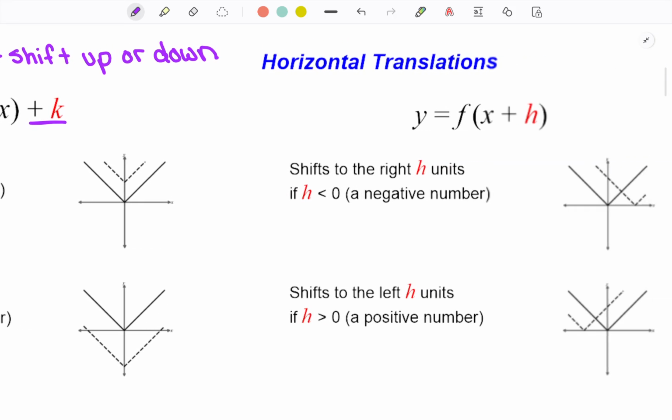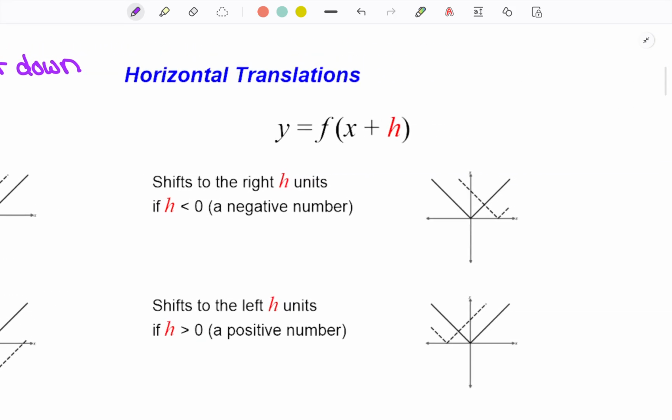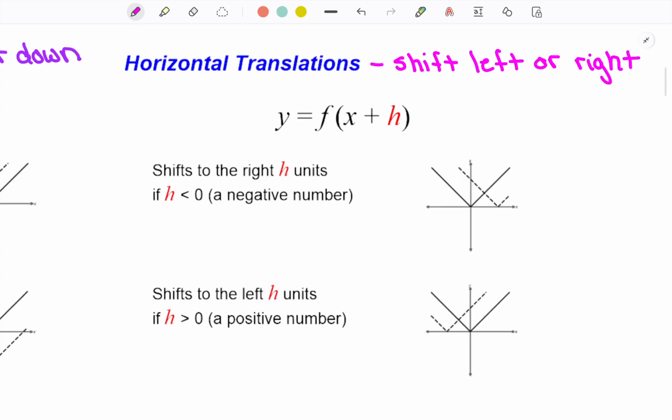So horizontal translations are a shift left or right. So this will always be inside a grouping symbol, and it will always be added or subtracted.